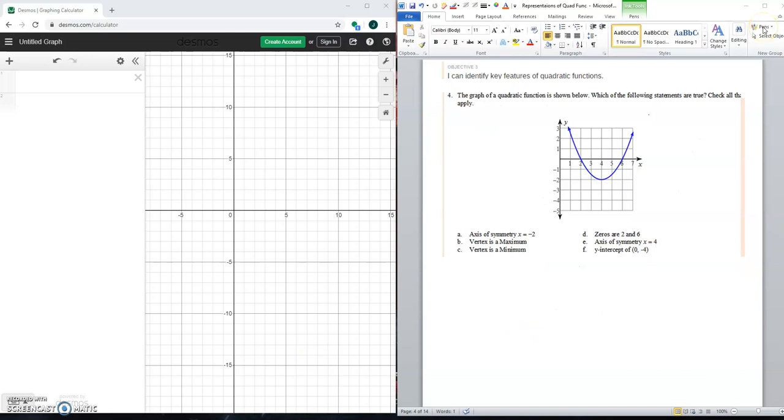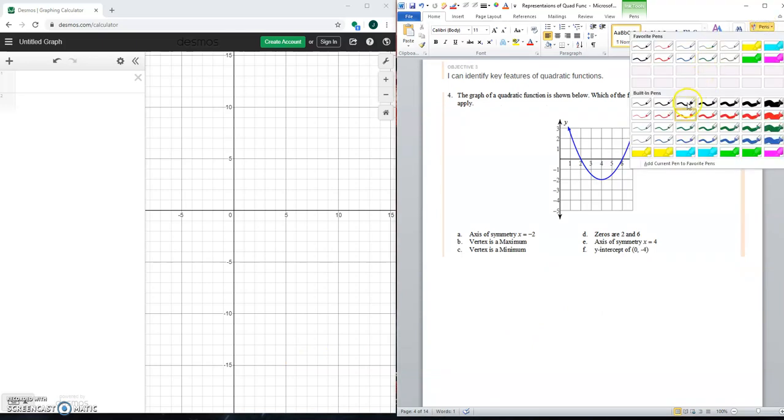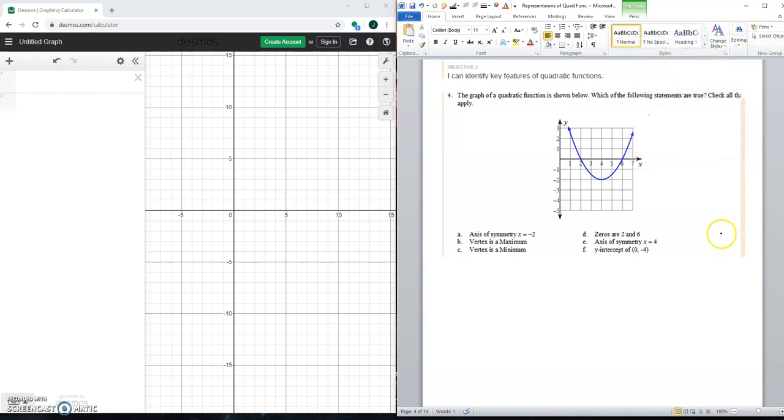The graph of a quadratic function is shown below. Which of the following statements are true? Check all that apply. The axis of symmetry is right here, which is not that. So that's not right. The vertex is a maximum. That is not right. The vertex is a minimum. That is a check.